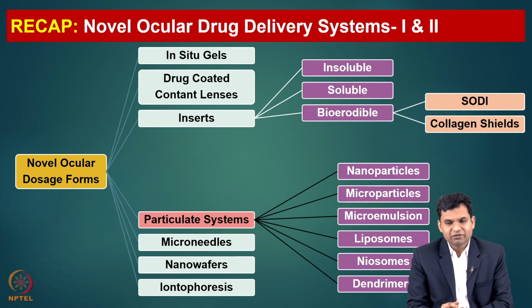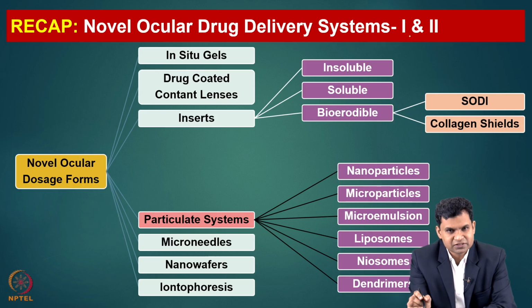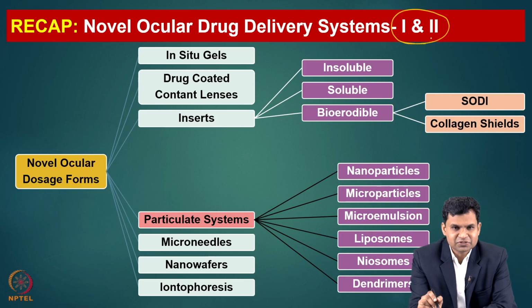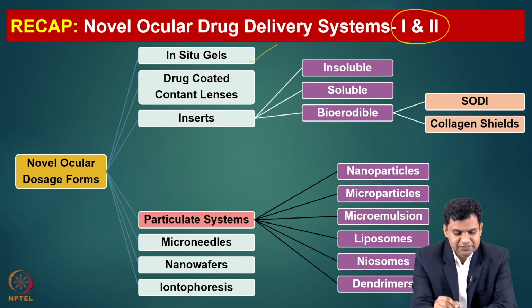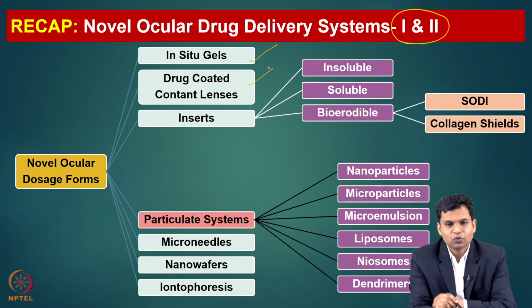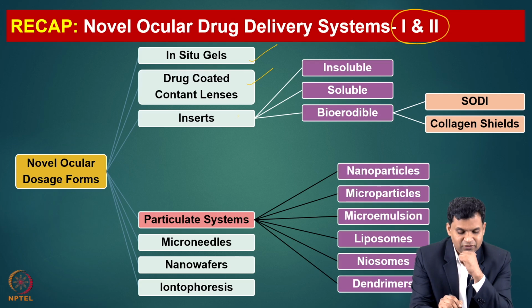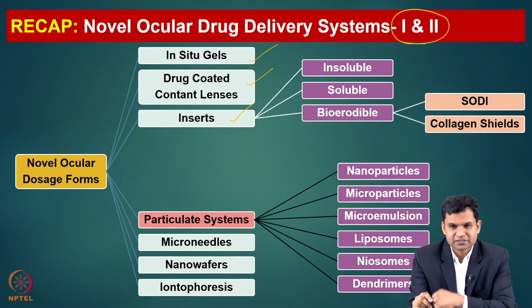After that, we discussed two sessions on novel ocular drug delivery systems. In the first session, we saw in-situ gels and drug coated contact lenses, and then we saw the inserts.